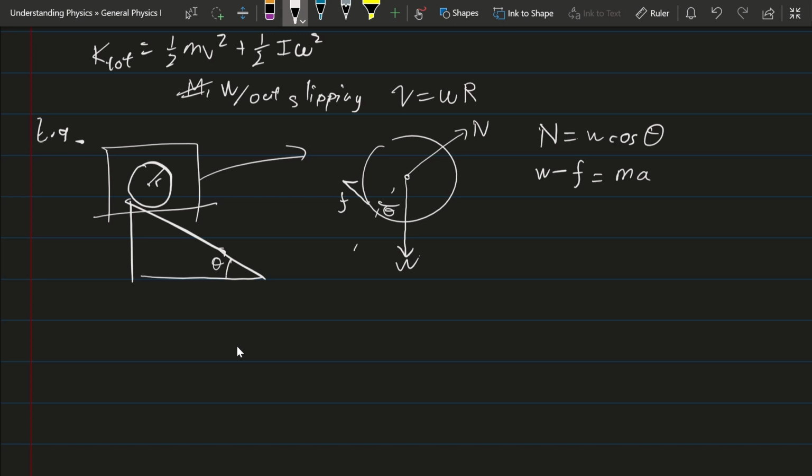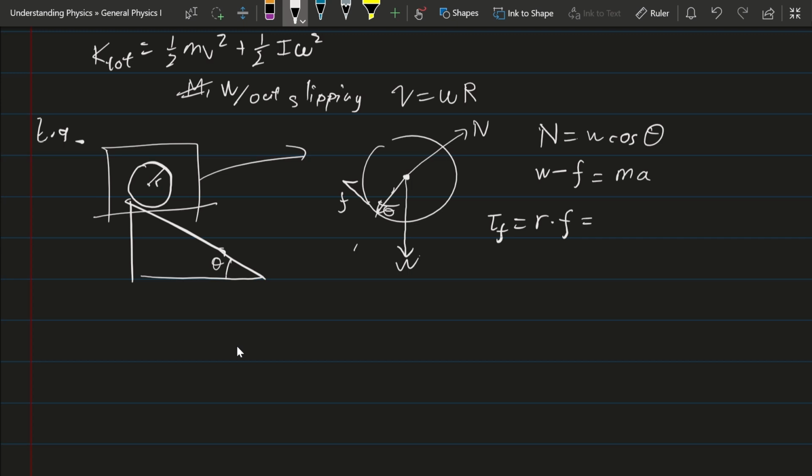If I define this to be my center of mass, I could see that this normal force doesn't exert any torque, the weight doesn't exert any torque, but the friction exerts a torque, as you can see here. So the torque from the friction is R times F, which is the F of the friction.